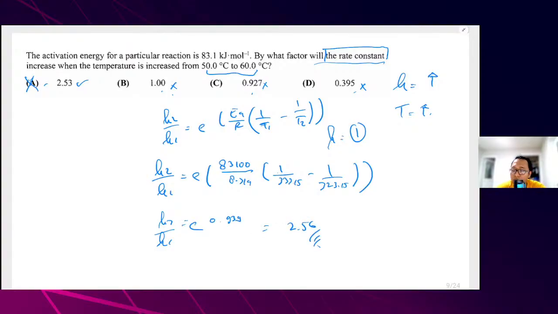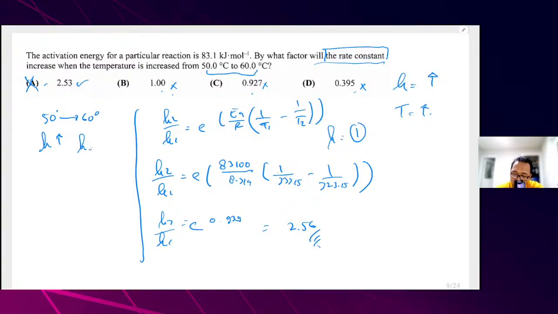If we remember the equation, fine. If we don't remember, just remember the concept that the temperature increased from 50 to 60, so K should go up. The rate constant should go up, not go down.